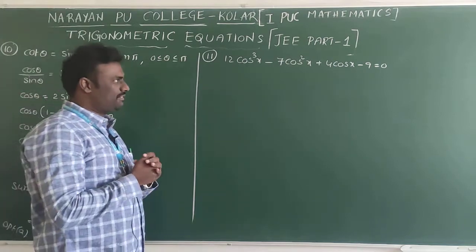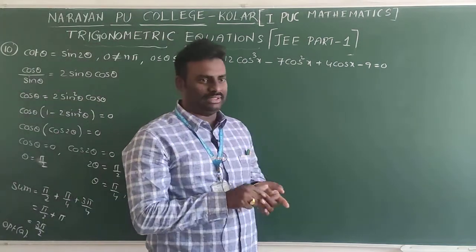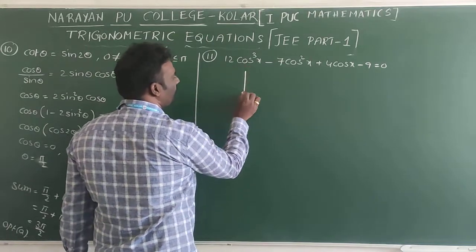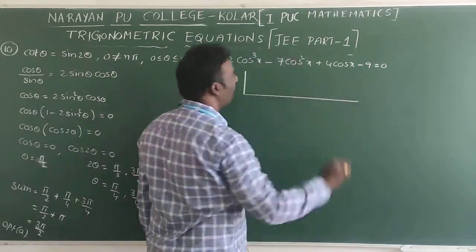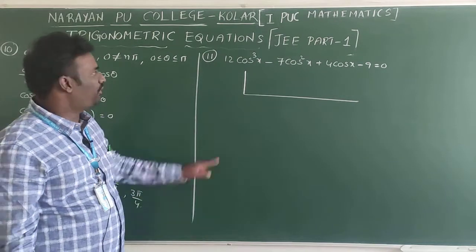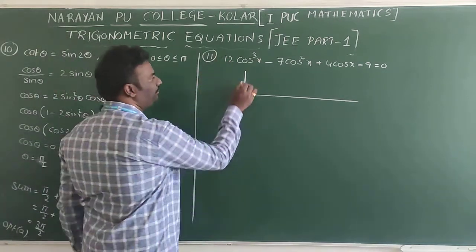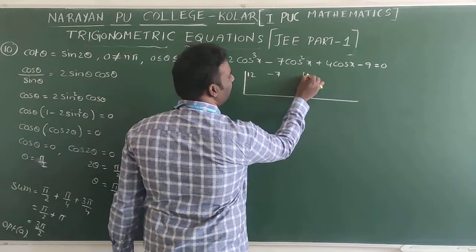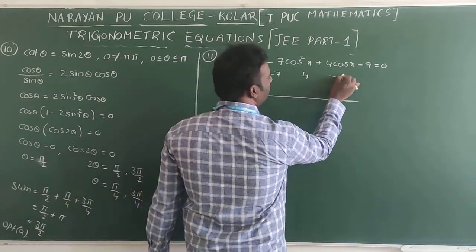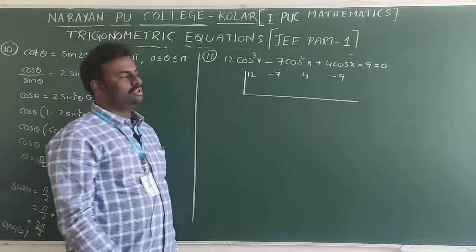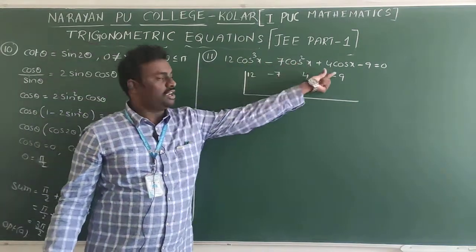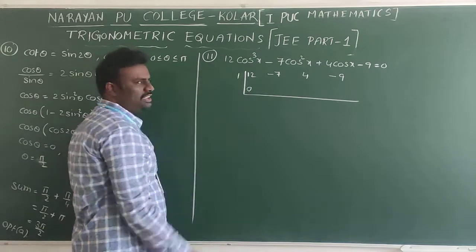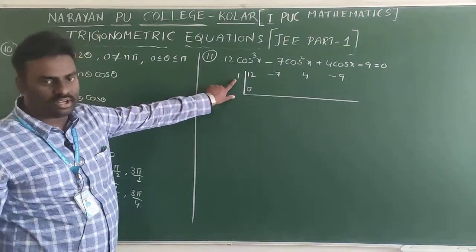For cubic equation solving, we have one simple method. Okay, first you take only coefficients, 12, minus 7, 4, minus 7. So these are the coefficients I took. Here you check this is 0. Here you take any value, we will check this is root or not.